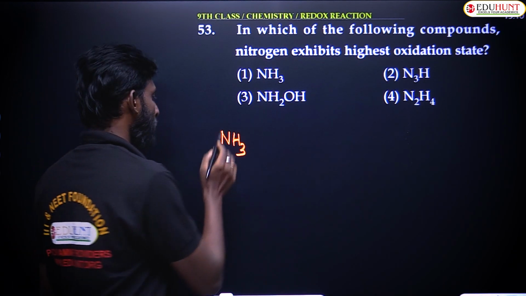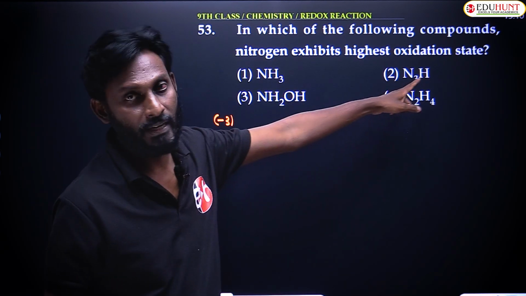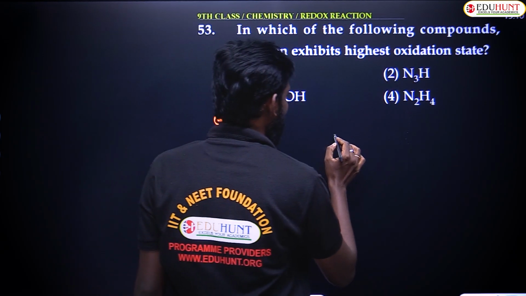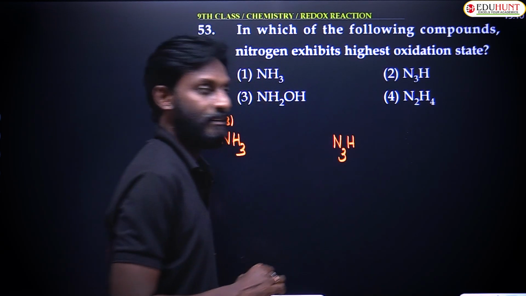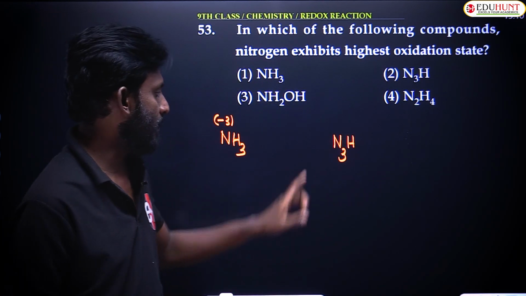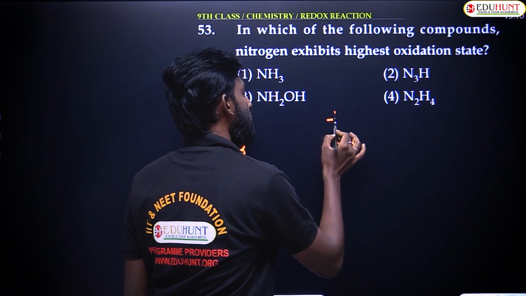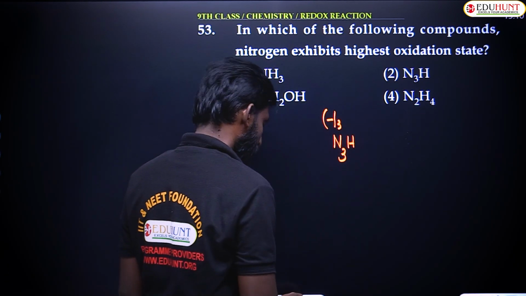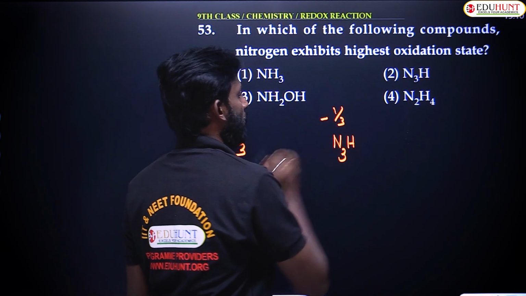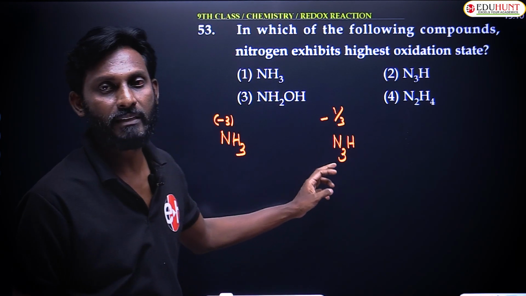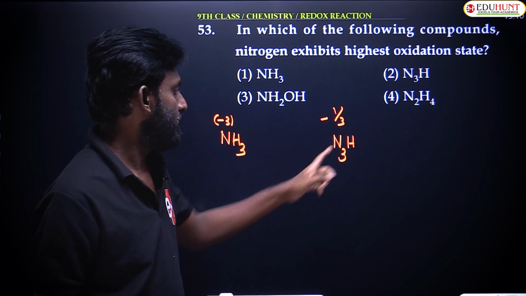We all know in ammonia nitrogen is in -3 oxidation state, and the next one is N3H, hydrazoic acid. In the theory video I explained that in hydrazoic acid nitrogen is in -1/3 state. Why?